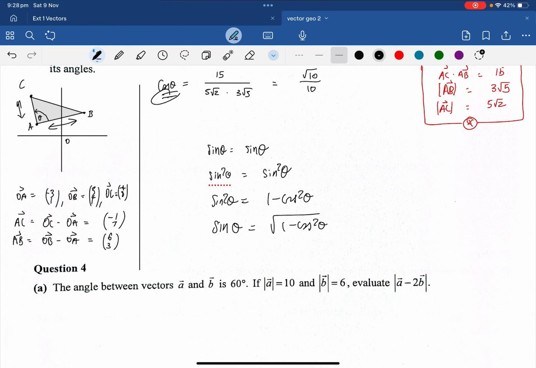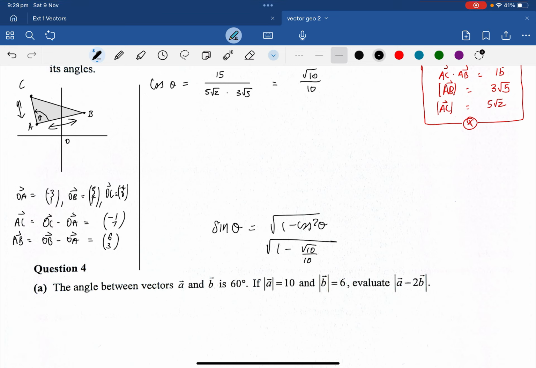And see how this is in cos theta. So what we can do quite simply, using this identity, is do 1 minus root 10 on 10. Oh, sorry, you can't just put root 10 on 10, because this is cos theta.